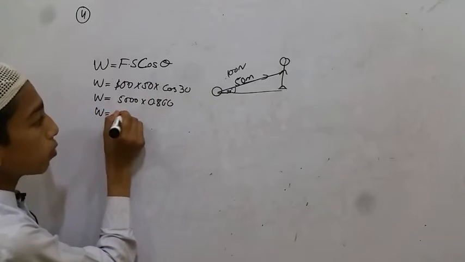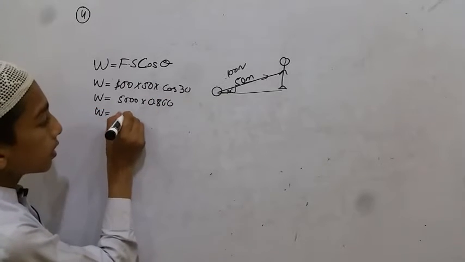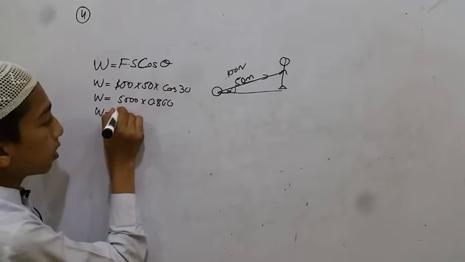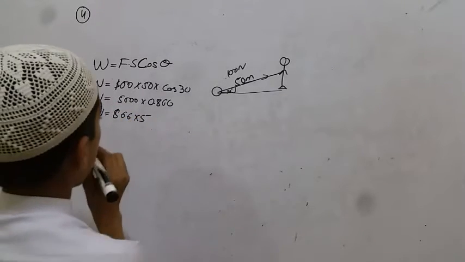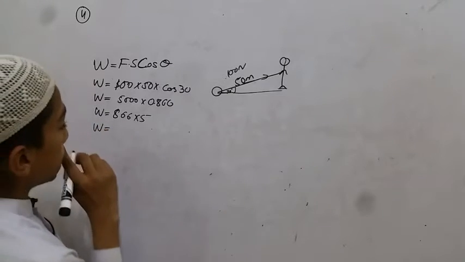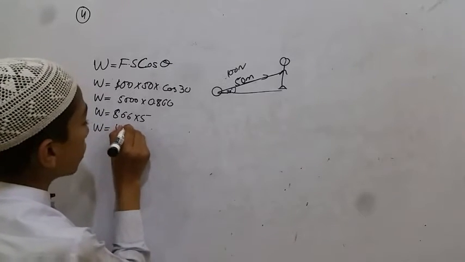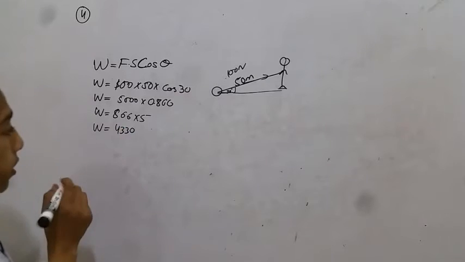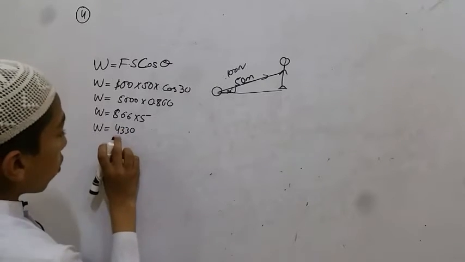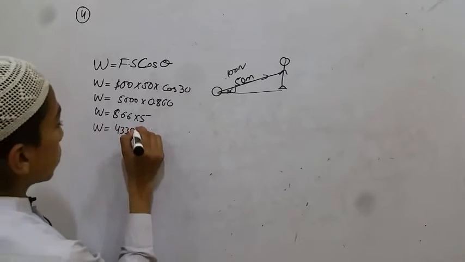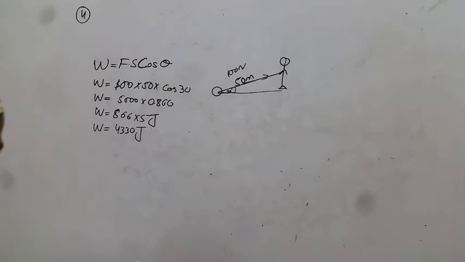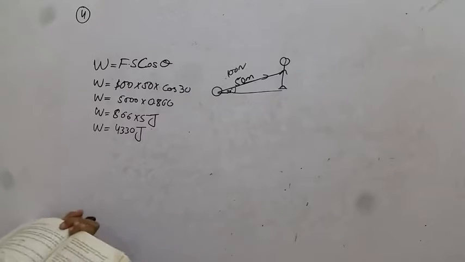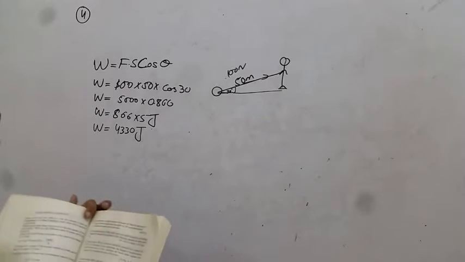So W is equal to 4,330 joules. This is the total work done by the man.